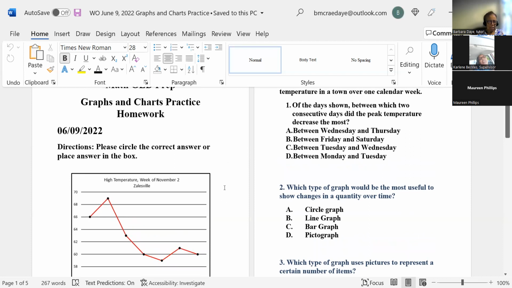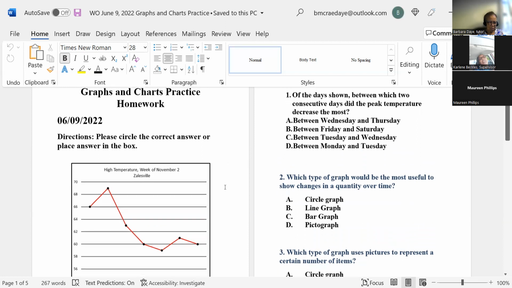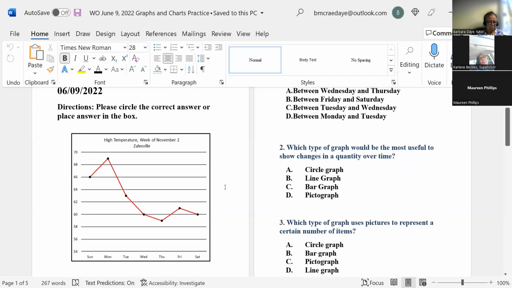In other words, the largest decrease. So look at 2 days and look at where the dots are and tell me between what 2 days was there the largest decrease? So what would you say, Maureen? It's not the one you said. It's not Wednesday, Thursday.